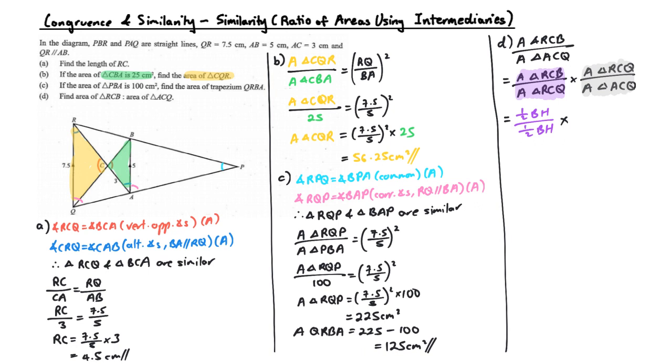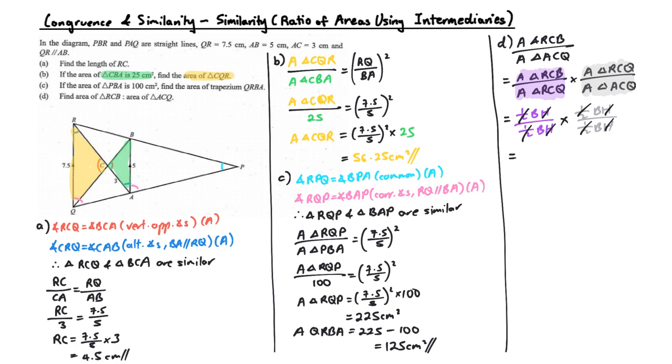So again, half base height over half base height. Now immediately you can cancel this half, this half, this height, this height, this half, this half, this height, this height.